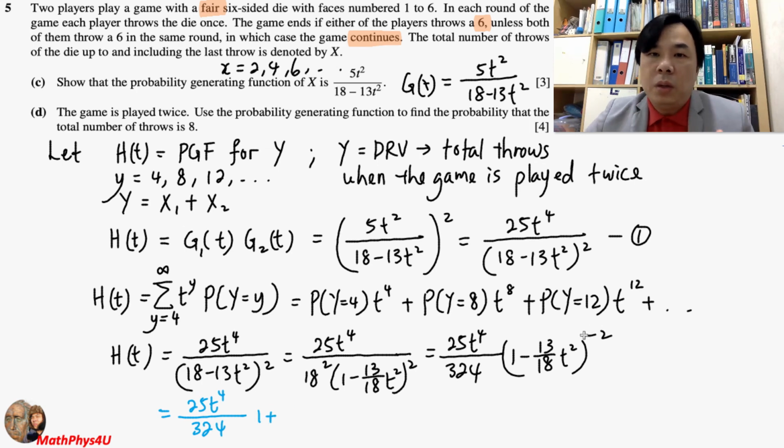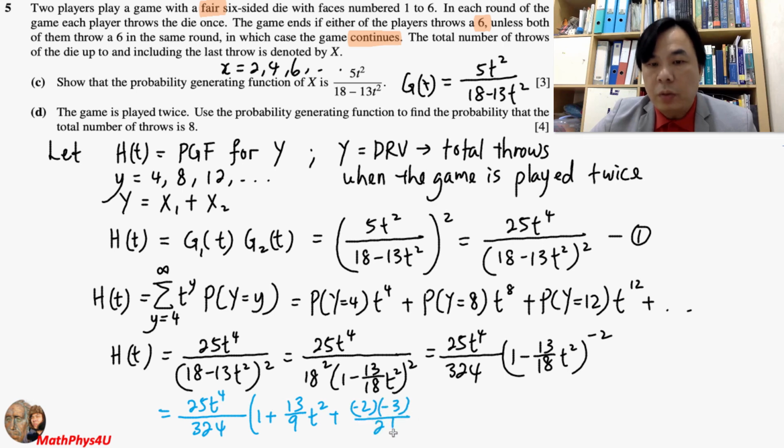Now for me, when I do the binomial expansions, I just need to take this number for the second term, this number multiply with this. That will actually give me, oops, just let me change it a bit. That would be 13 over 9 t square. Okay, that's the second one. And then the next one will be -2, -3, over 2 factorial. If you still remember the binomial expansion in this case.